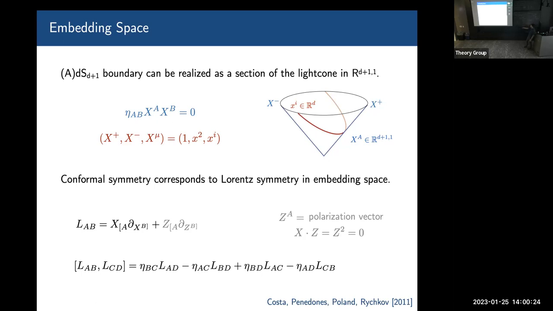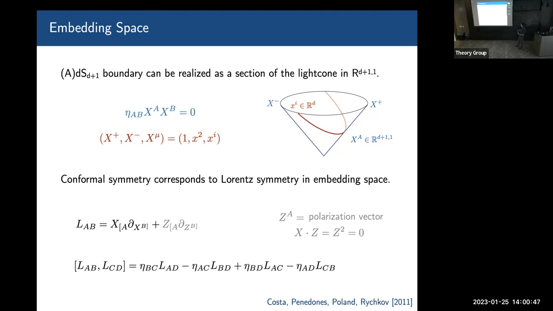Here, the capital X describes the embedding space coordinates in this higher dimensional Minkowski space. And this is related to the boundary coordinates, small x, through this map when you specialize onto this section.